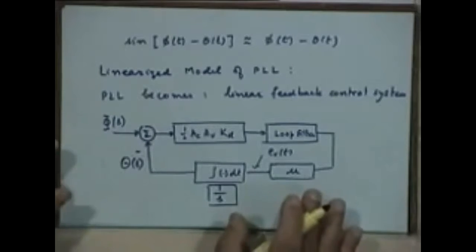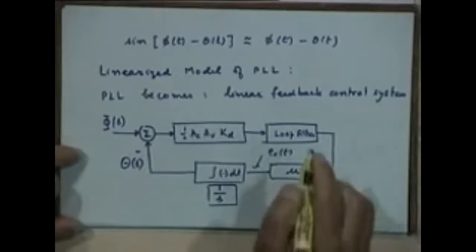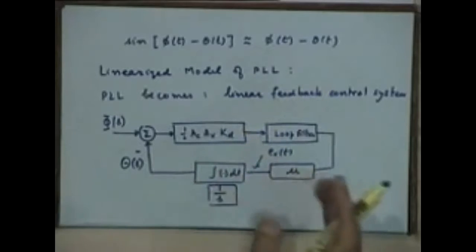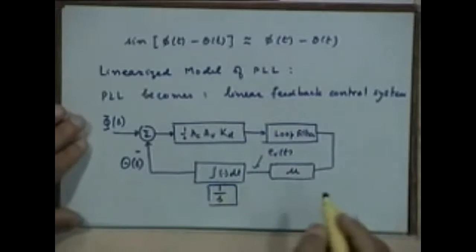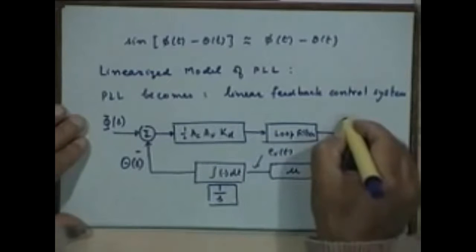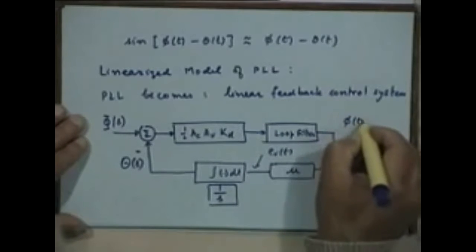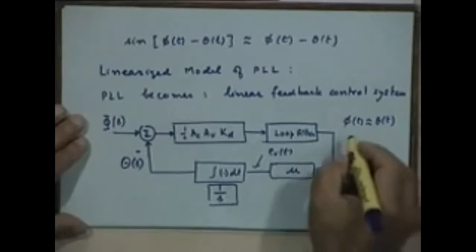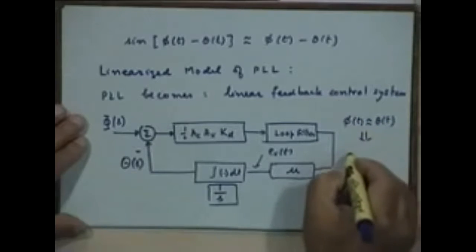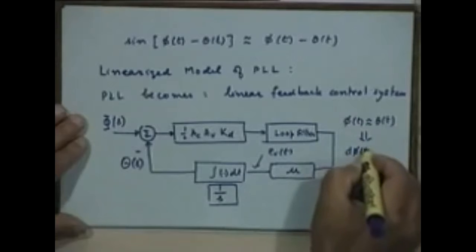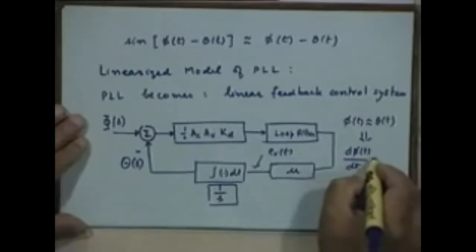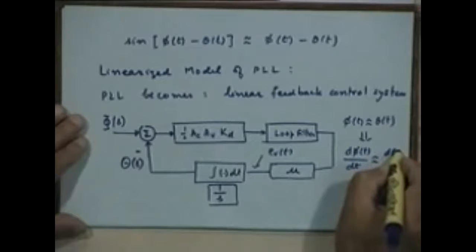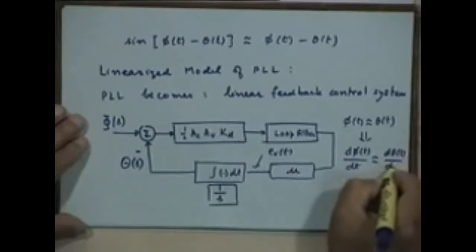Now, since we assumed that the loop is in a lock condition, which means phi of t minus theta of t is small and some, let us say, constant value. So, what we are saying is phi of t is approximately equal to theta of t. This would in turn imply that d phi by dt is approximately equal to d theta by dt.